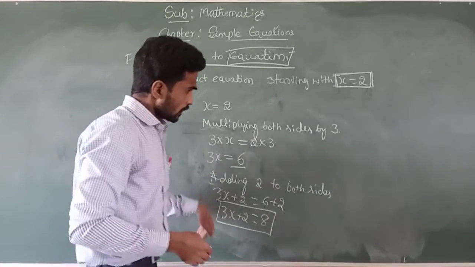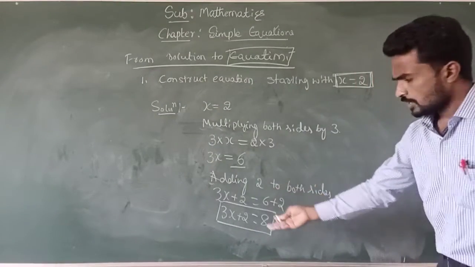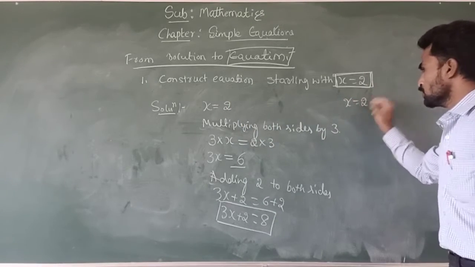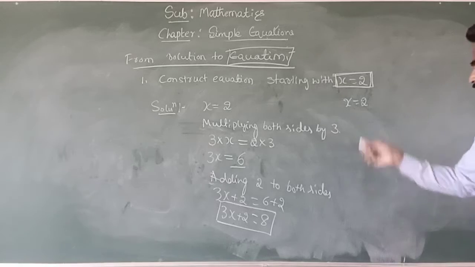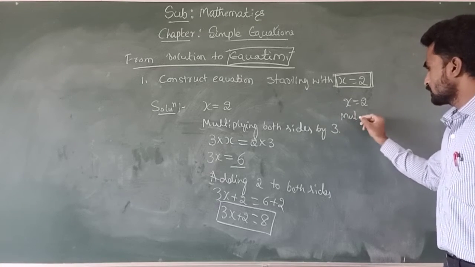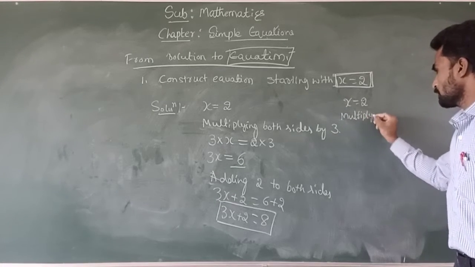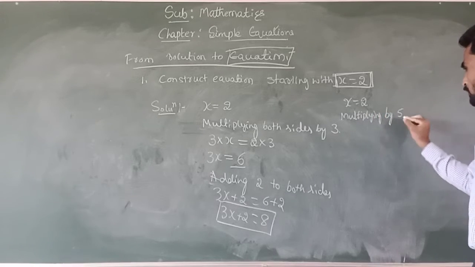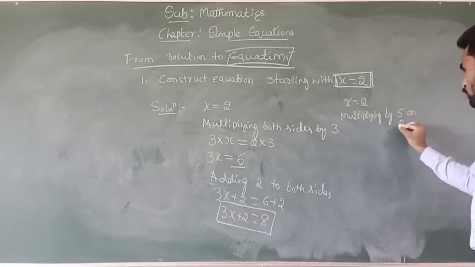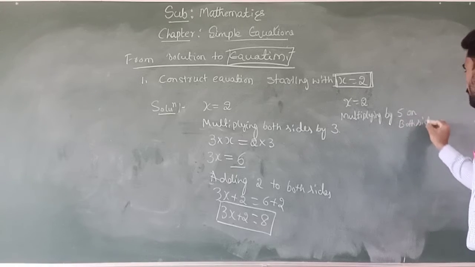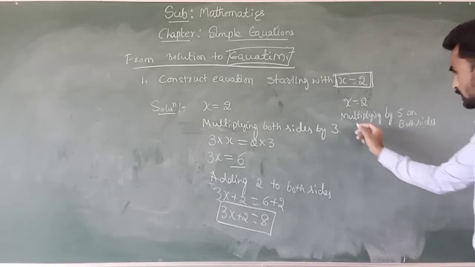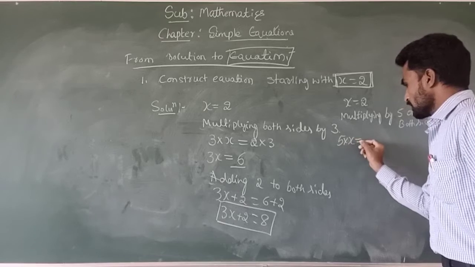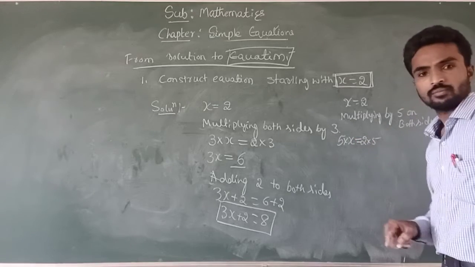You can write another equation also. Here just consider x is equal to 2. Now multiplying by 5 on both sides, we get 5 into x is equal to 2 into 5.